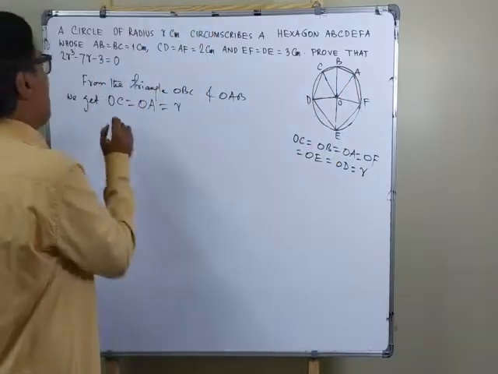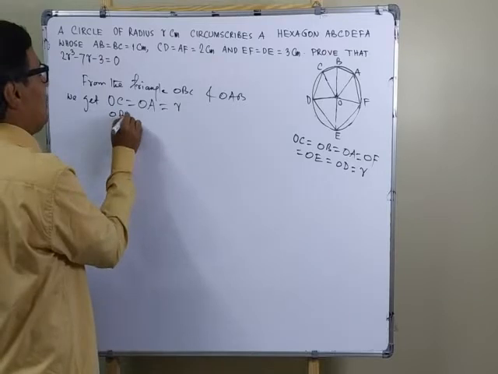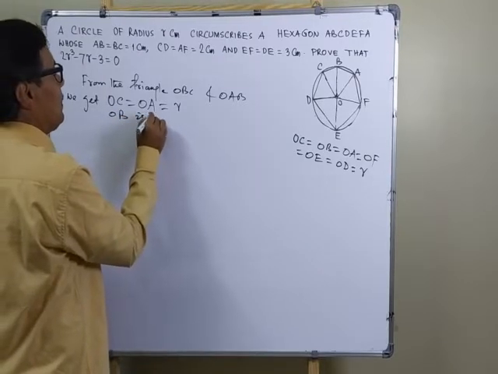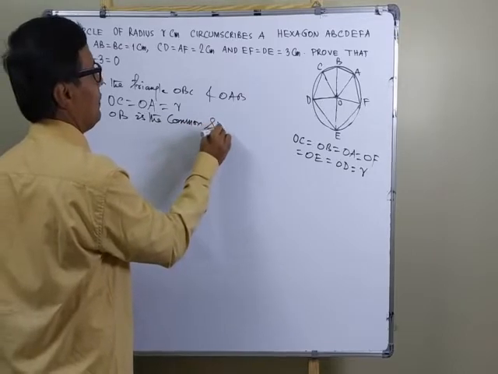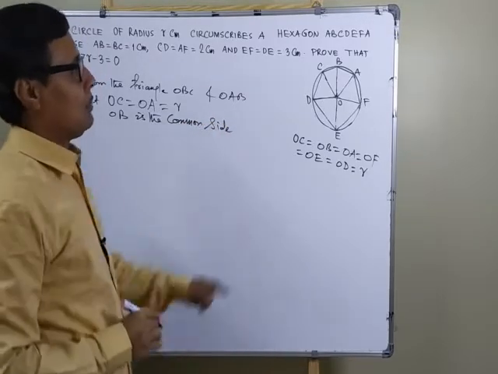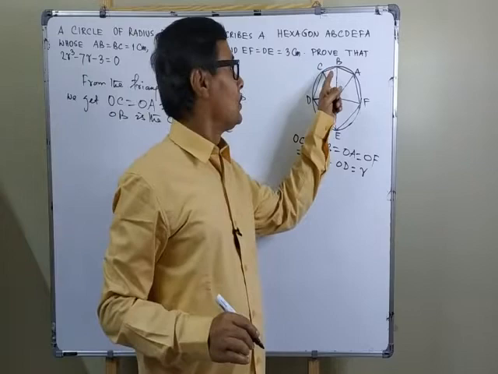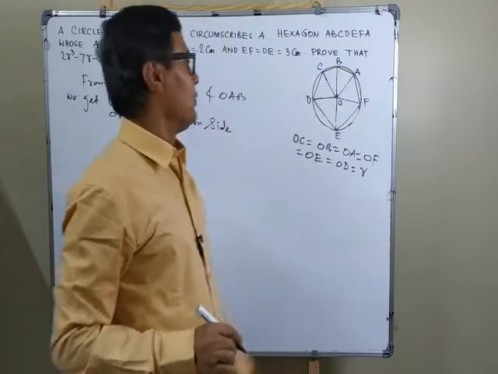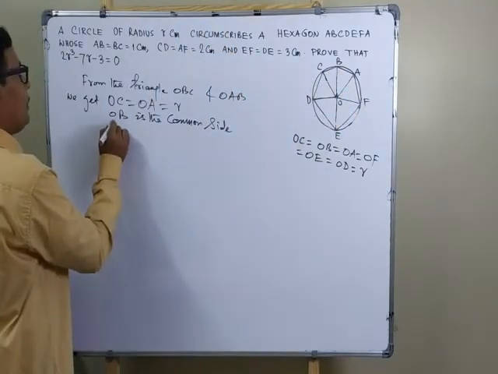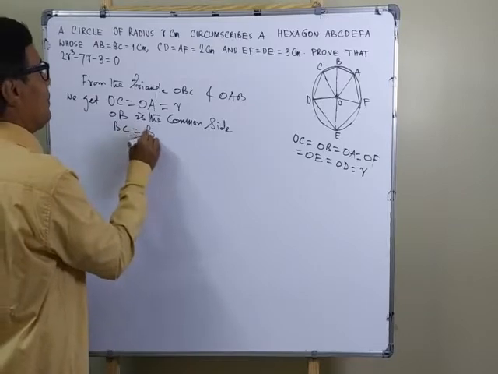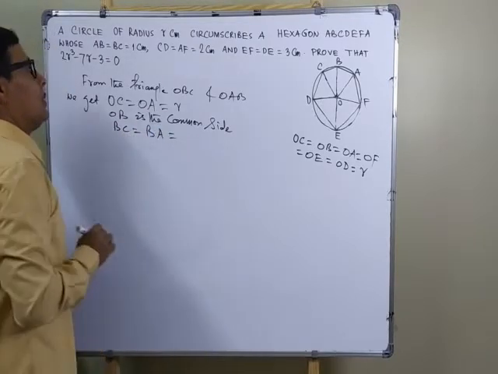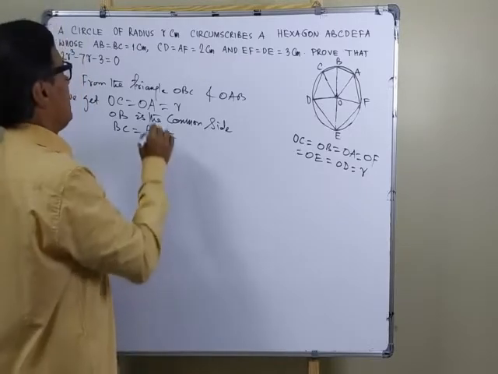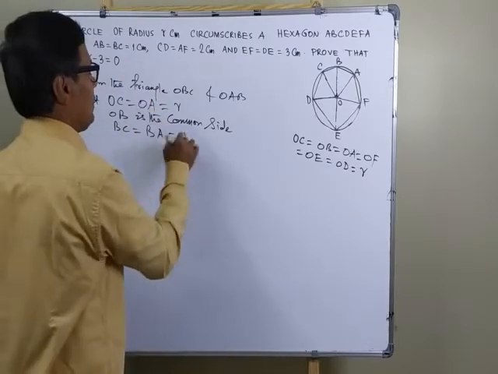And also OB is the common side. And also BC is equal to BA, which are of length 1 centimeter, which is given.